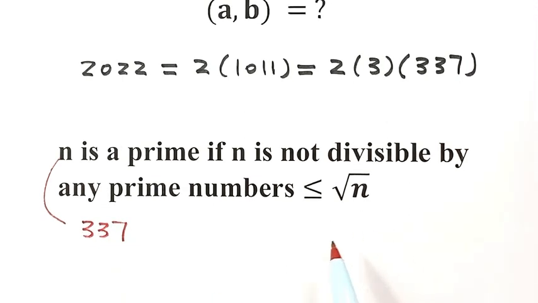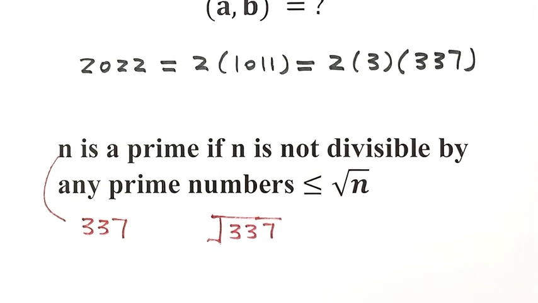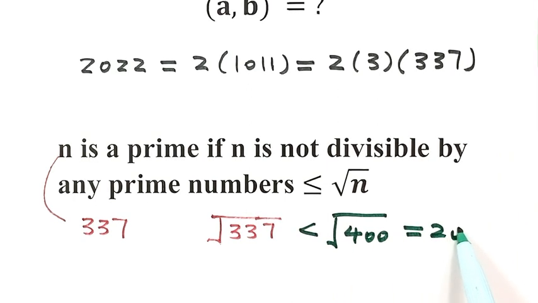So now let's see the square root of 337. So now let's do approximation. This one is less than the square root of 400, which equals 20. So that means we only need to check the prime numbers less than 20 to determine the prime factors or determine if this number is a prime number.